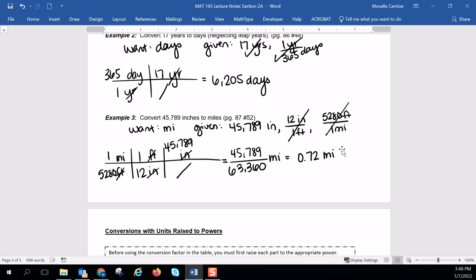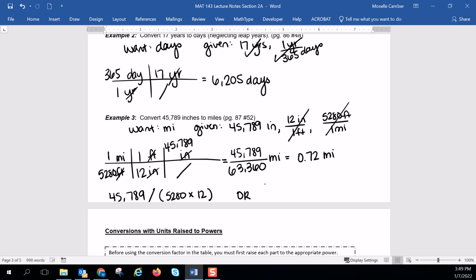Now if you don't want to do them separately, you do have the option of multiplying everything on the bottom, and then you can do in a calculator 45,789 divided by parenthesis 5,280 times 12.